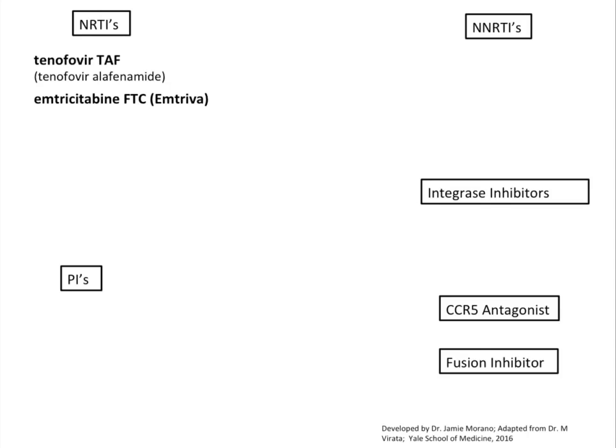So right here we have the generic name, we have the three letters, which are kind of unofficial, but you'll see that a lot in the literature and at conferences, and then we'll have the brand name. Just a heads up, please use the generics because it's going to make your life a lot easier, and you're going to be able to understand the therapies a lot better. So TAF and FTC give you Descovy. So tenofovir and emtricitabine give you a brand name called Descovy.